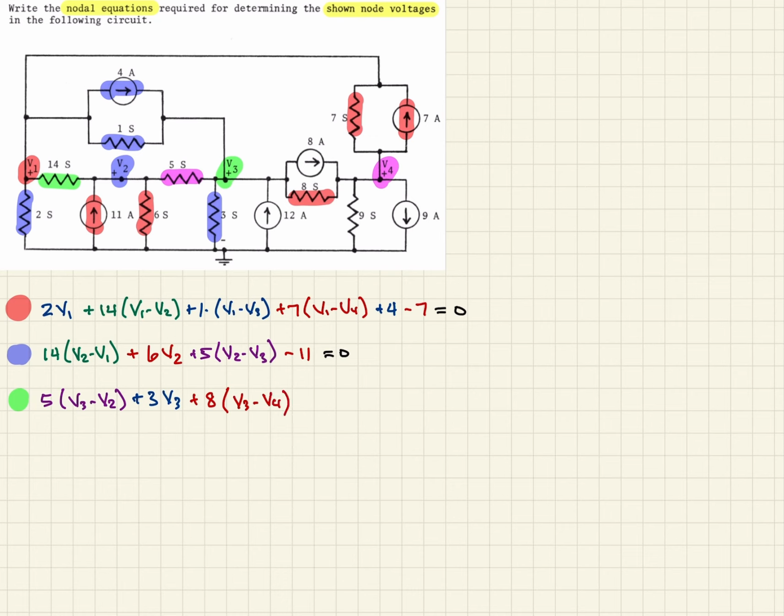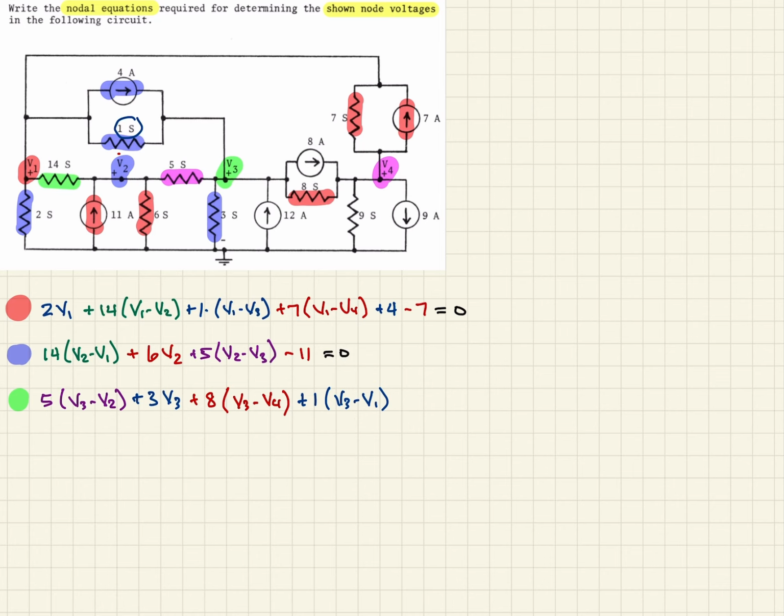And I think that's all the resistors we see for V3. So we've got the 5, the 3, the 8. Oh, we do have the 1 in blue. So we have the 1 ohm resistor, and that's going to be V3 minus V1. So that's this guy here. And then that should be all the resistors connected to our node.